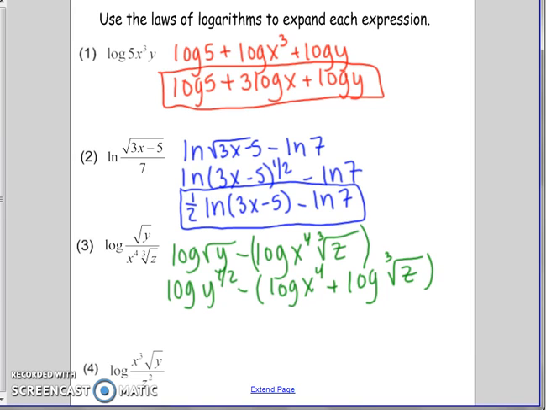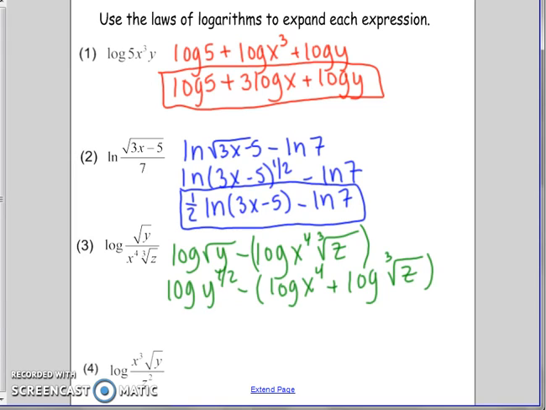So I'm putting a plus in there, but because it's in parentheses and I'm subtracting the entire thing, it's going to end up being a negative log of cubed root of z. Okay, so the thing to just remember is that if it's in the top, it's going to be a positive. If it's in the bottom, it's going to be a negative.